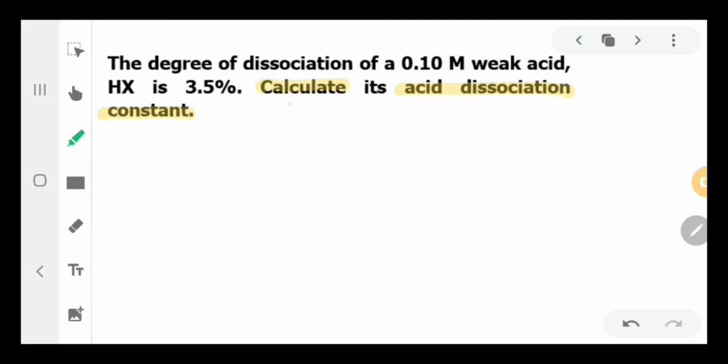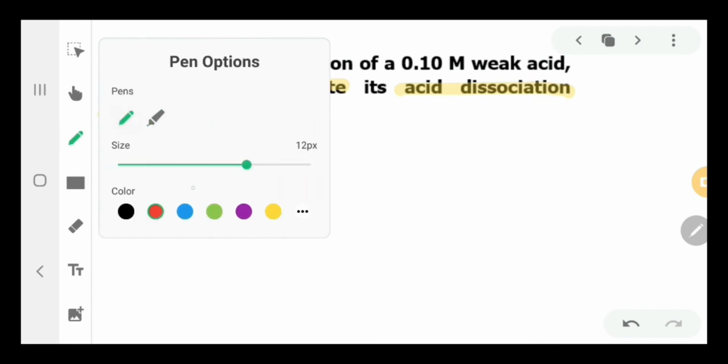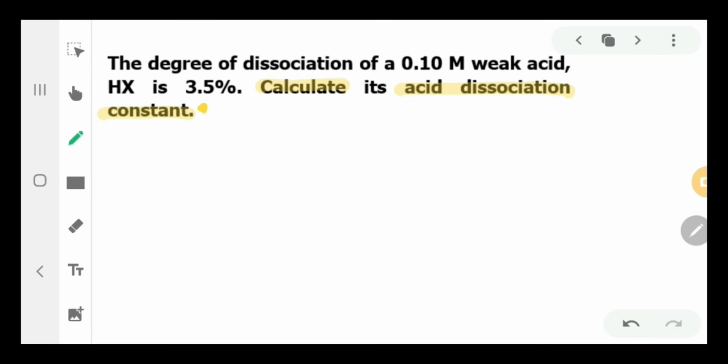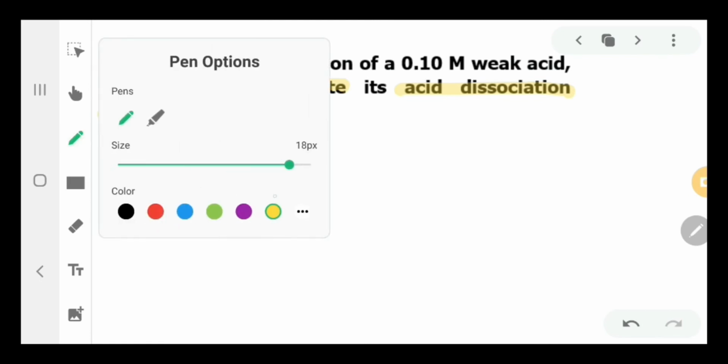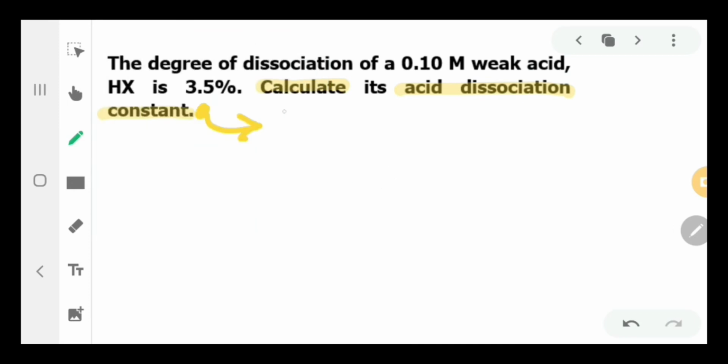So when you need to find the Ka, from here, this is the clue for weak acid.